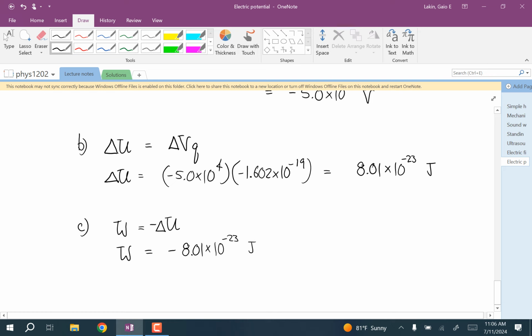So in moving this particle along this path, are we adding energy to the electron or taking energy away? Remember, positive work means adding energy. Negative work means taking energy away. And so in fighting against this electric field, we are taking energy away from this electron.